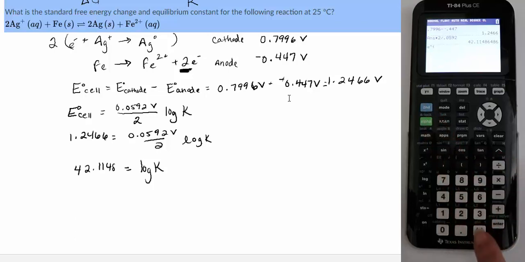When I take the inverse log, I get k by itself, and k is 1.30 times 10 to the 42. Now remember from our equilibrium module that means this particular equilibrium lies very far to the right. We have a heck of a lot more product than we do reactant. So we have calculated k.